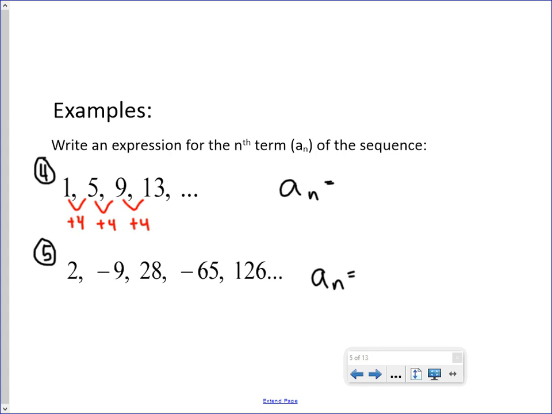Build off of that. 4 times. Then let's work on patterns in number 5, and a hint: you might look at your warm-up sheet for number 5.